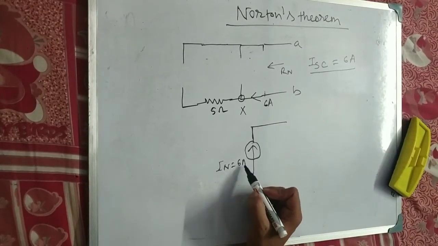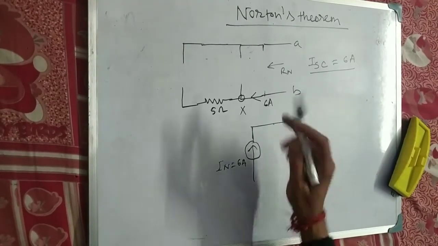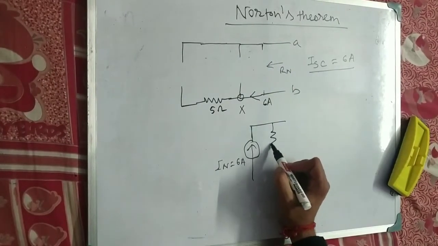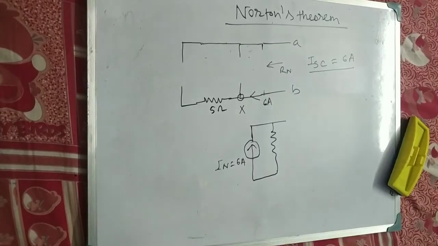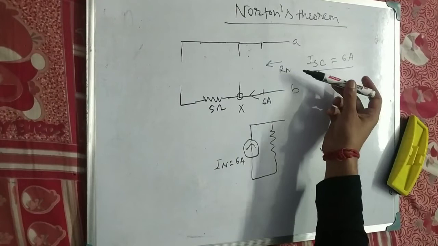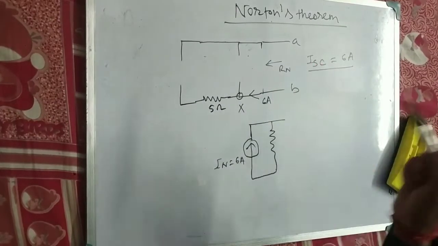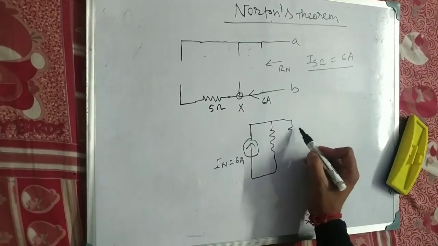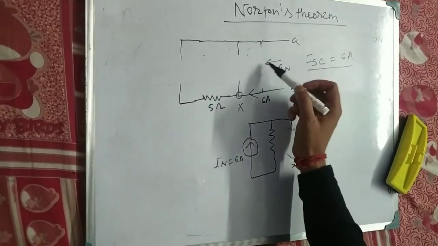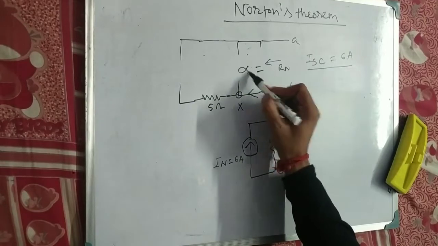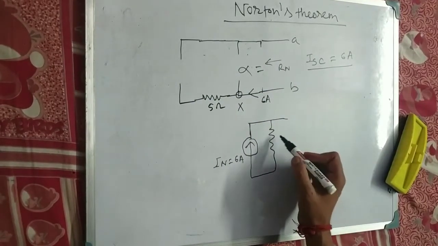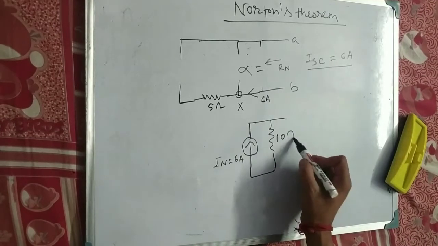Then the resistance which I have short circuited will be in parallel with this current source, and the equivalent Norton resistance seen from this terminal will be in parallel with this load resistance. Seen from here, the Norton resistance Rn will be infinite, which means open circuit. So the current flowing through this 10 ohm will be 6 ampere.